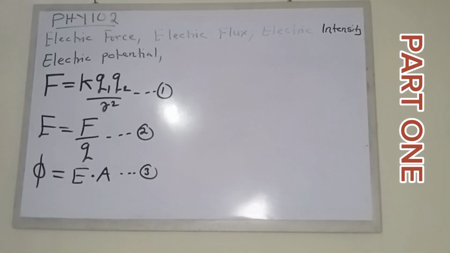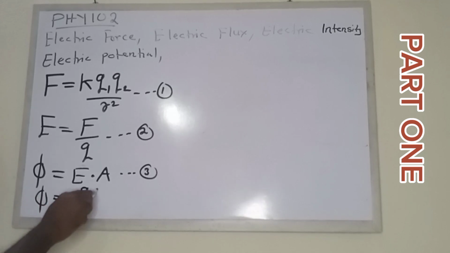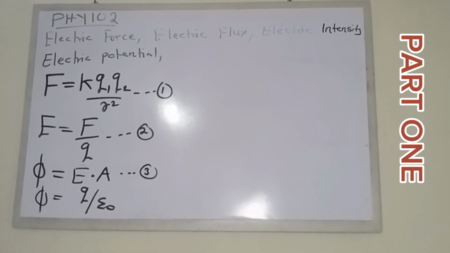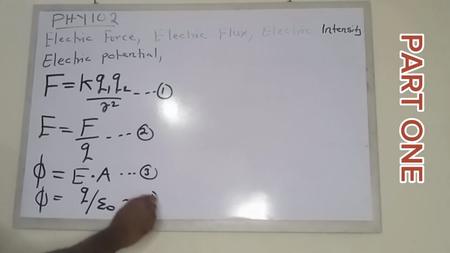So according to Gauss's law, the electric fluence is the charge divided by permittivity naught. It is the charge divided by permittivity naught. Let's call this equation 4.